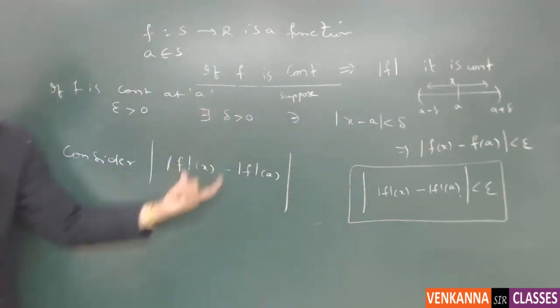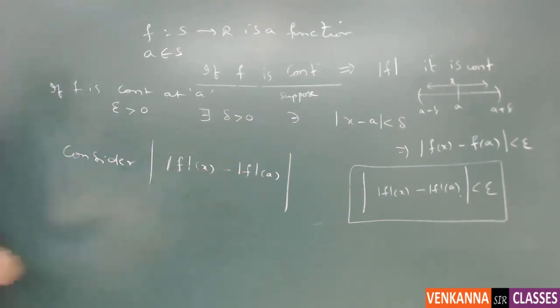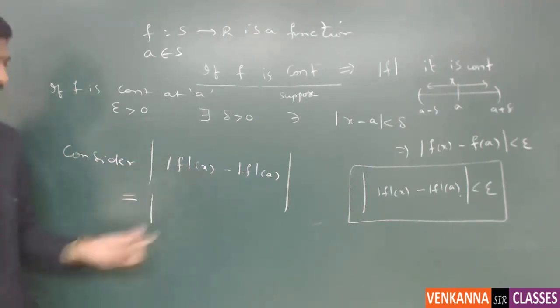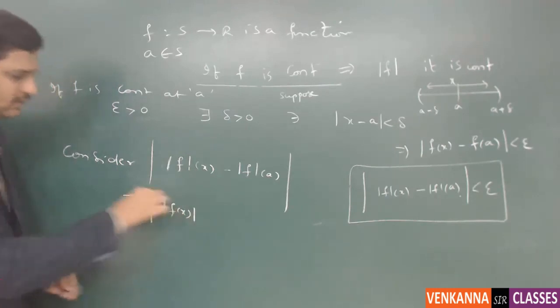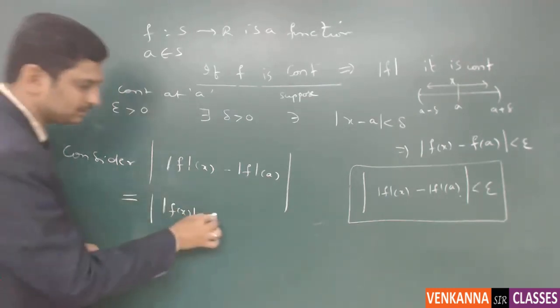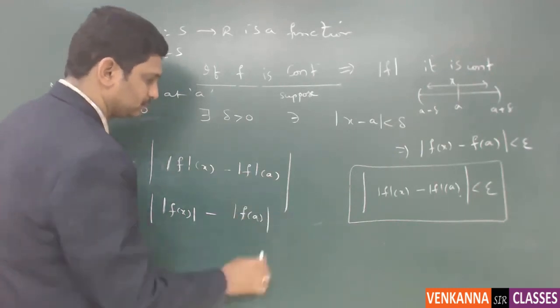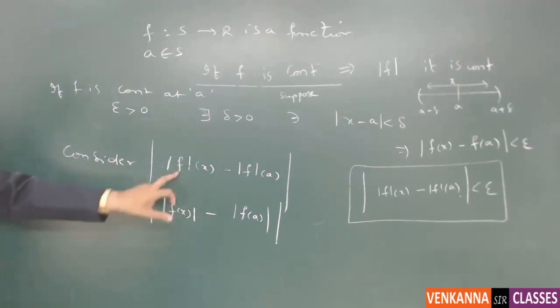By assuming that, I am taking this value, and I need to prove that this is less than epsilon. This is equal to modulus. How is the modulus of a function defined? It is defined as, for the image, you are taking the positive value. So this is mod f of x, this is mod f of a. Are you getting the idea? The difference between these two?